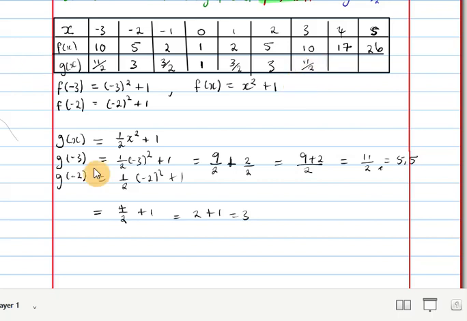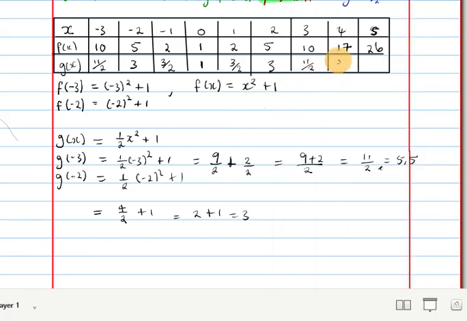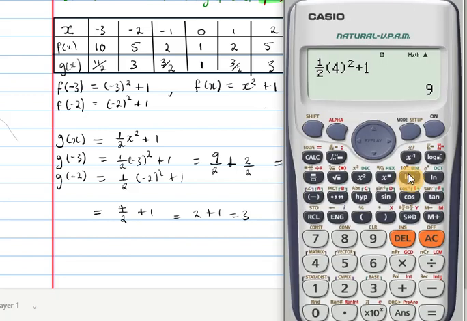Just go for 4 now. Delete, put 4. What do you get? You get 9. Okay, let's go for 9. Now we're putting the value of x to be 5. So we end up having 27 over 2.